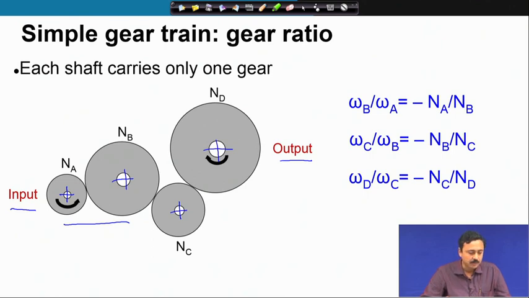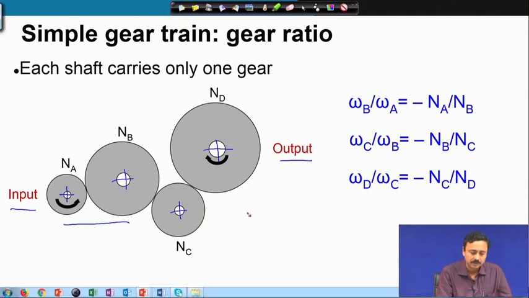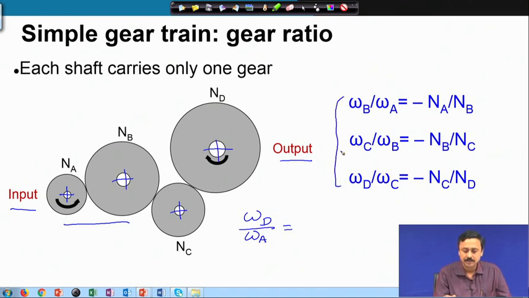Therefore, if you want to find the transmission ratio from the input to the output, which means we want to find omega D by omega A, that can be obtained by multiplying these three ratios, and if you do that, you will finally obtain minus N A by N D. The other terms will cancel off.